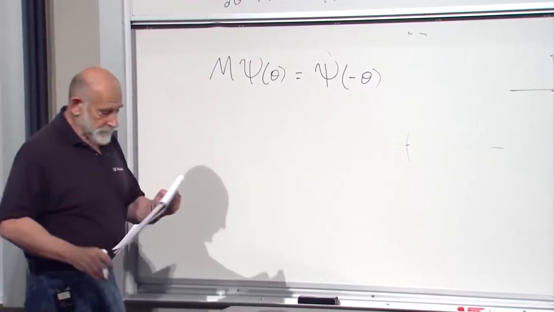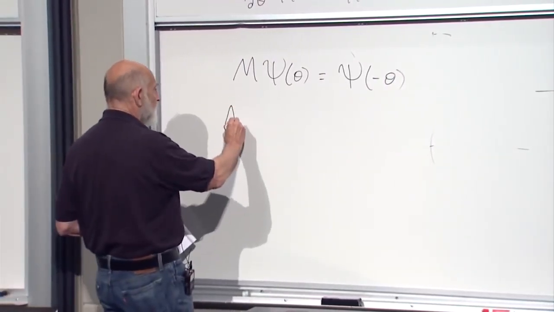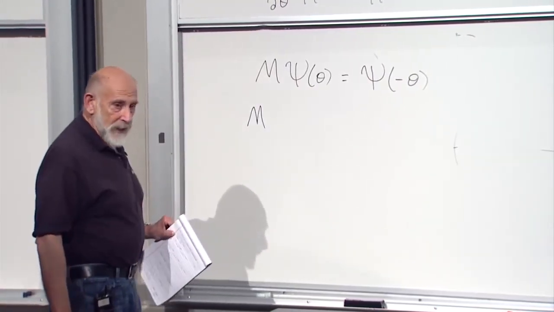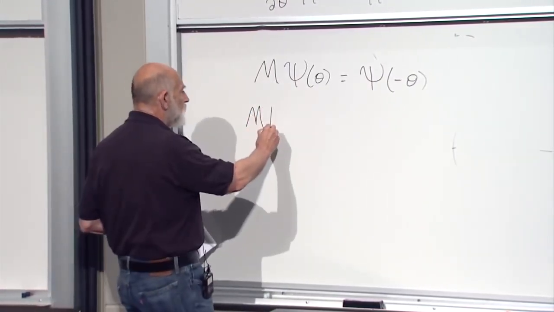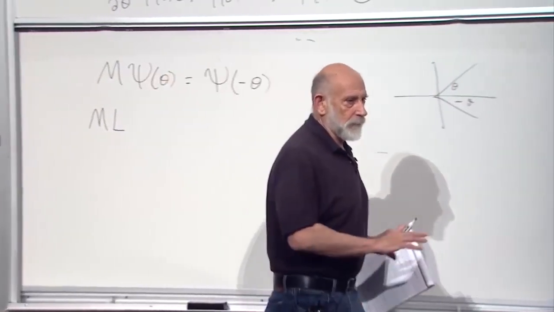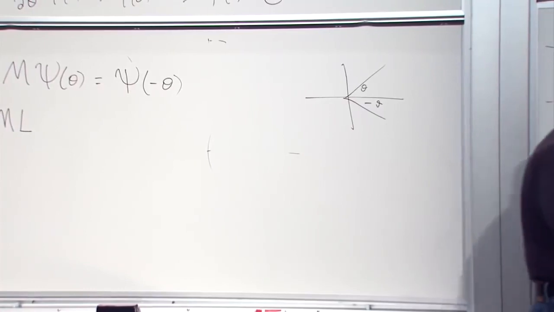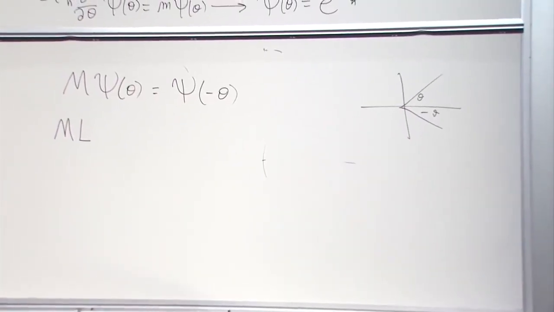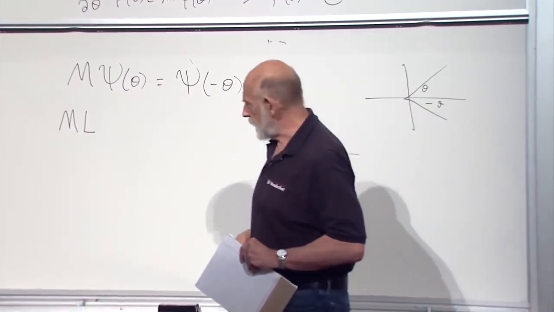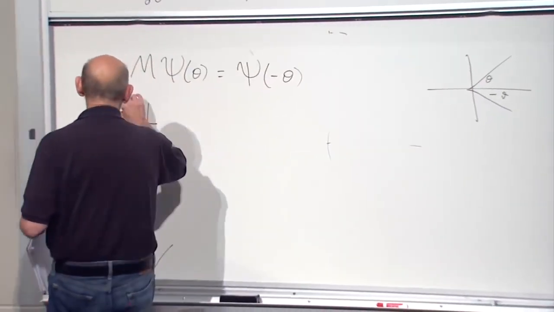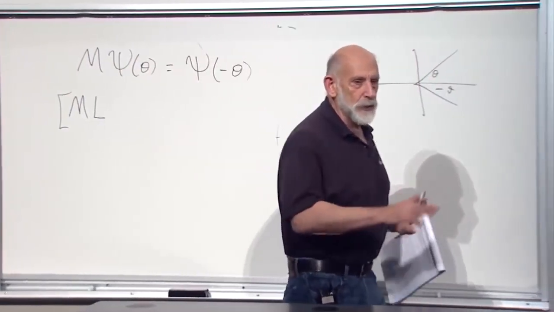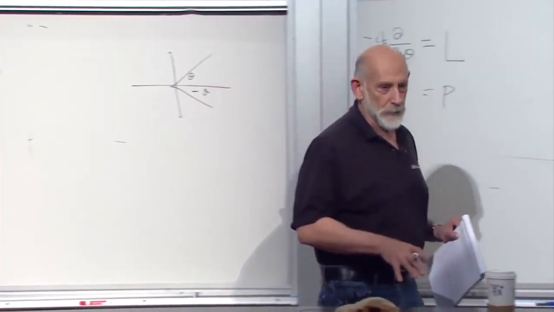Now let's consider the commutator of the mirror symmetry transformation with the angular momentum. The angular momentum is just a version of a rotation operator for very small rotation. What the commutator is telling us about is what happens if we do the two operations in opposite order.